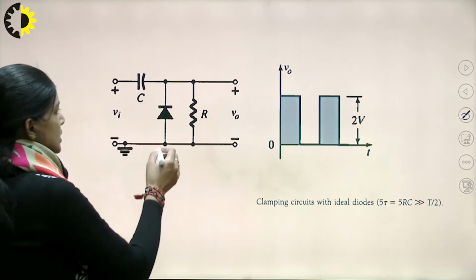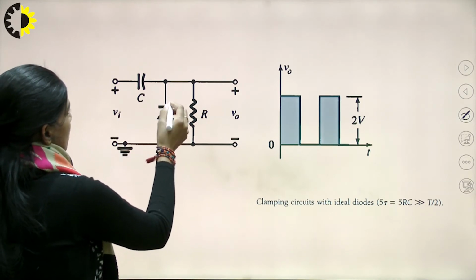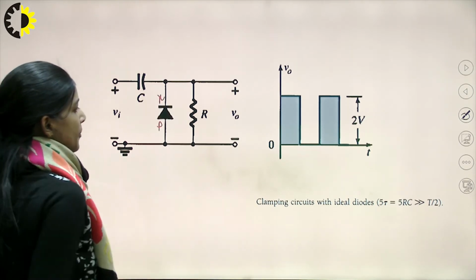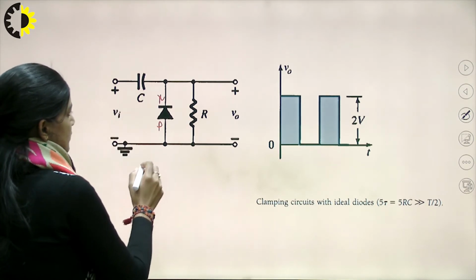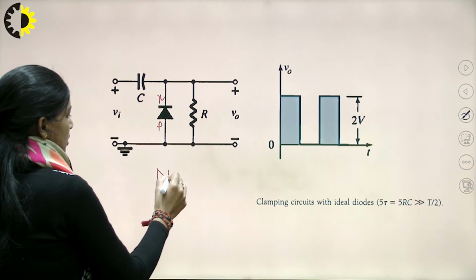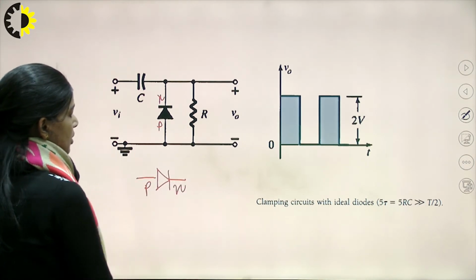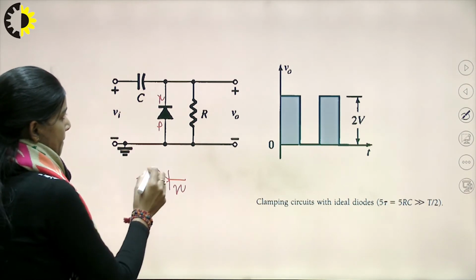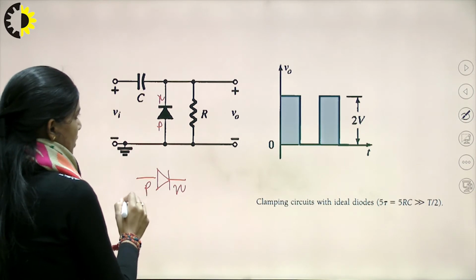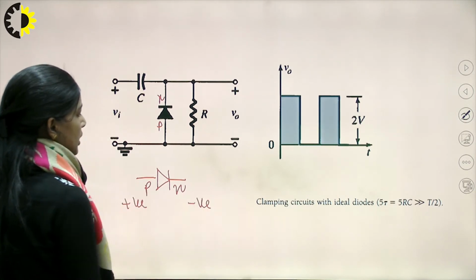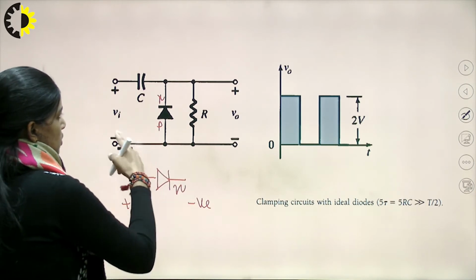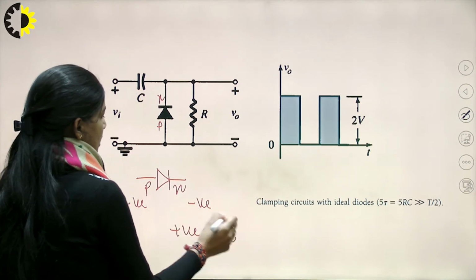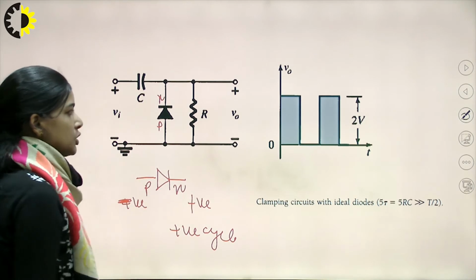So, here the diode is connected in the opposite polarity, this is P and this is N. For the positive cycle the diode, here P and N, will be connected to positive voltage here and it will be connected to negative.